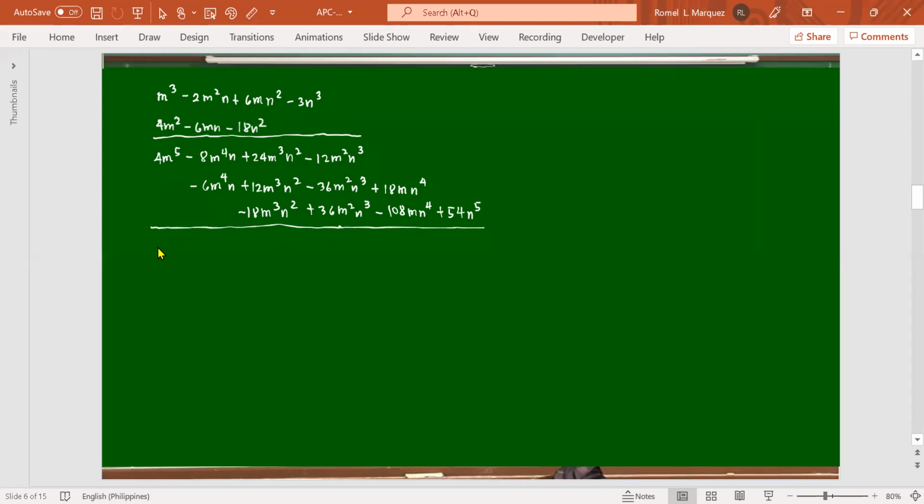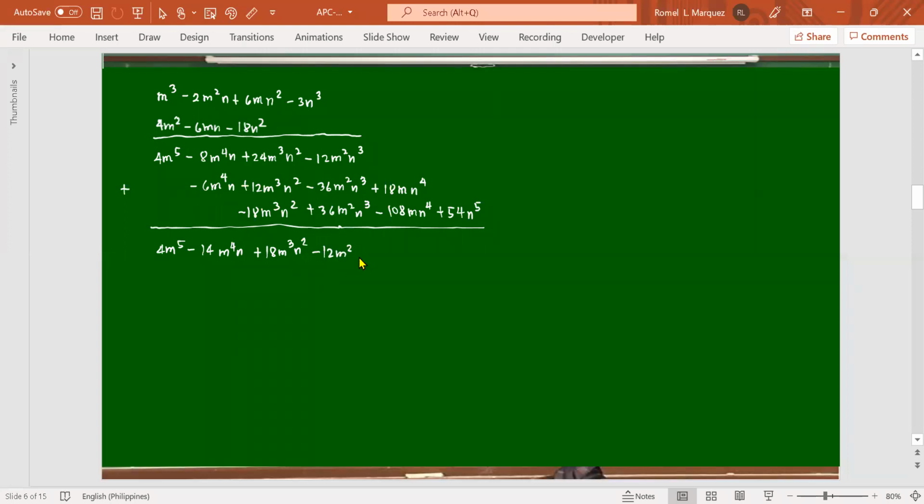Bring down. We're adding. Negative 14m to the 4th n. How many now, guys? This is negative 6, negative 6 these two. Positive 30 or 18? 18? Would you please check? Tama po.